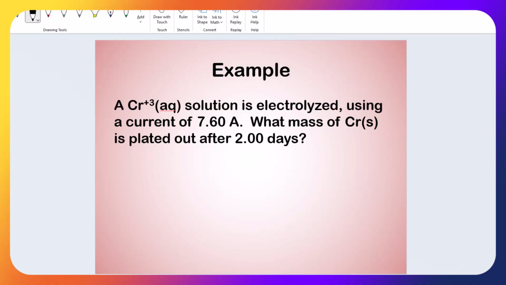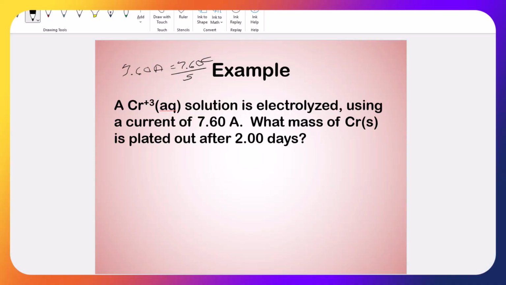Let's go ahead and break that down. 7.6 amps is 7.60 coulombs per second. We're running it for 2 days. They're going to ask me for chromium. I'm going to go ahead and find out chromium's molar mass right now.